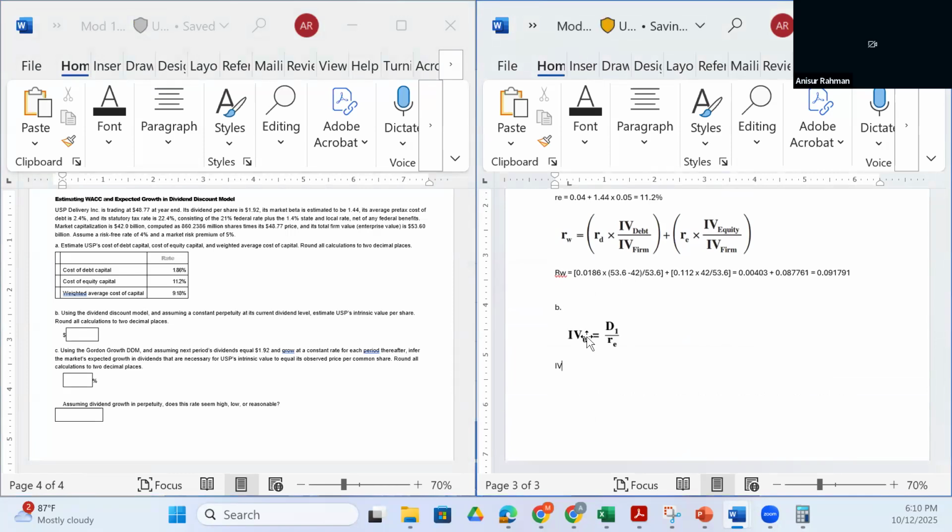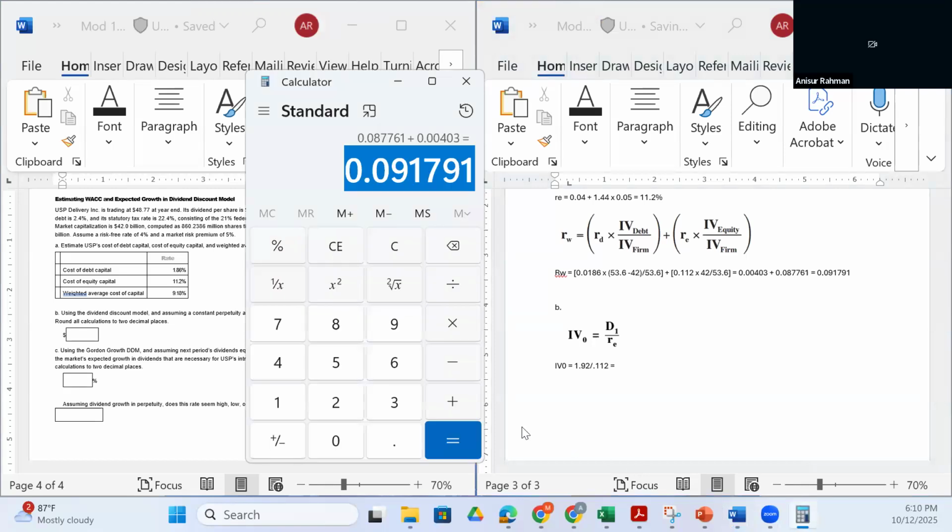So our intrinsic value today will be our D1, which is our dividend 1.92 divided by our cost of equity, which we calculated as 0.112. So 17.14.